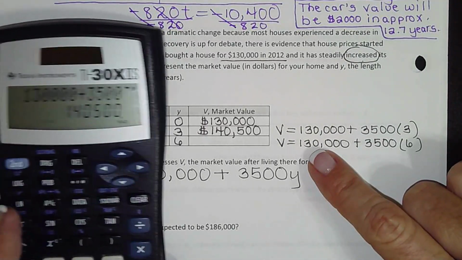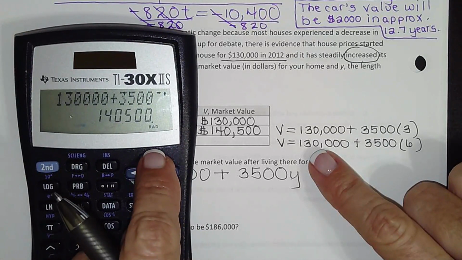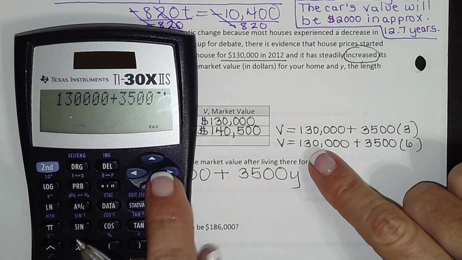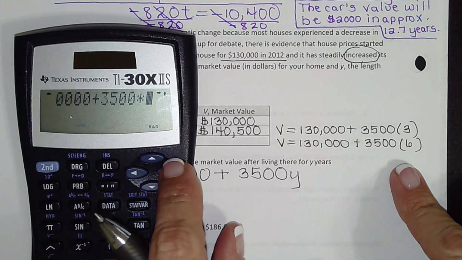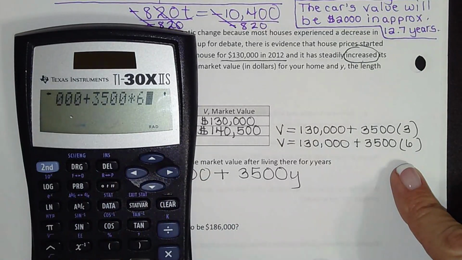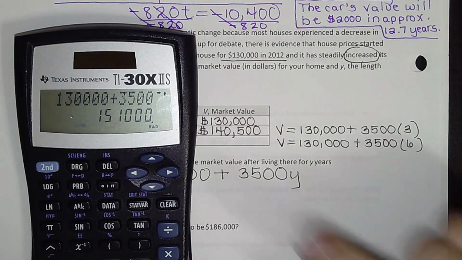Want to see a cool feature on the calculator? Love this. I always teach this during the calculator workshop. Hit the up arrow and it brings back the last line you typed, and key over using the right arrow key and just change the 3 to a 6, and I don't have to type it again. Yes! Isn't that a cool feature?